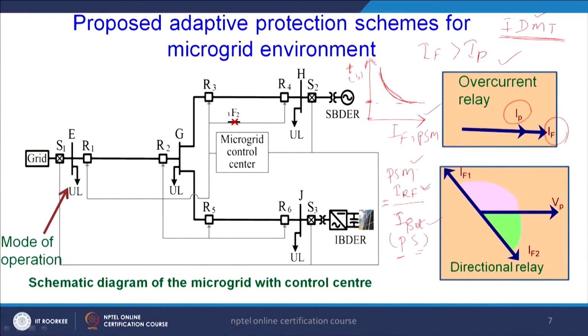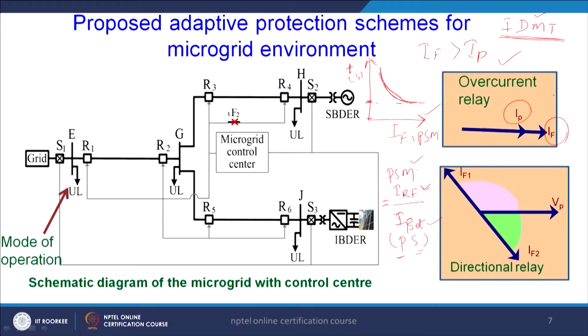Like the PSM, we also maintain the TMS of the relay. Now, very simply, this overcurrent relay operates if the calculated fault current is greater than my setting current, then the relay is going to react.